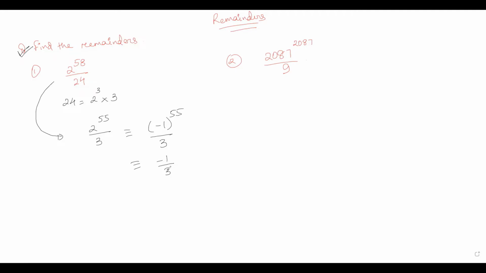So here the negative remainder is -1. So the positive remainder would be simply -1 plus 3, that is 2. But since we have cancelled the common factor 8 from the numerator and denominator to get this remainder, the actual remainder would be simply 2 times 8, that would be 16.